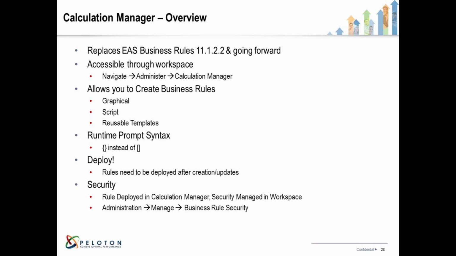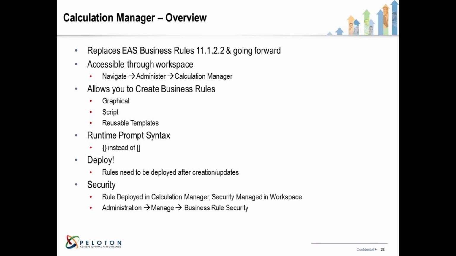That's a great question. I typically deploy them one at a time, like just the ones that change. It's perfectly fine to deploy them all at once. What I've always noticed is that with Calculation Manager, when you go to run if it's something that's not associated with a form, if it's just an on-demand rule, the list of business rules that you see comes in the order in which those rules were deployed.